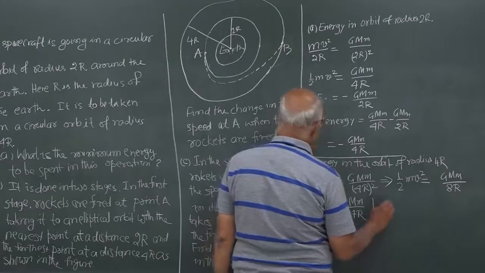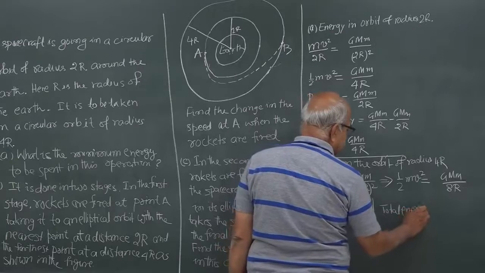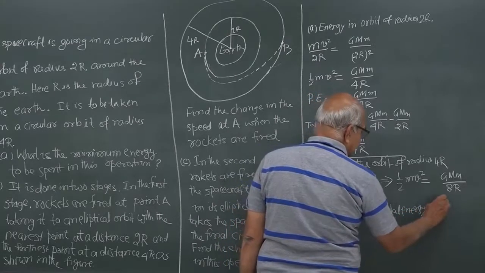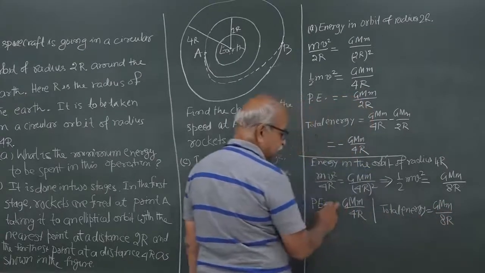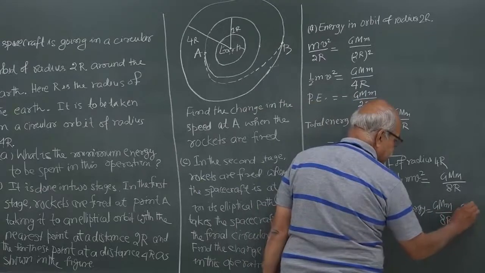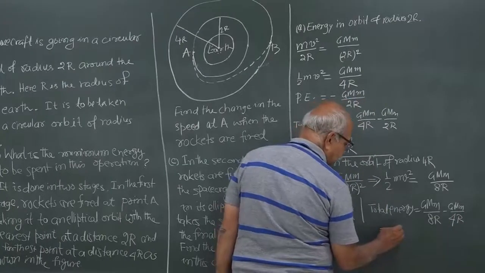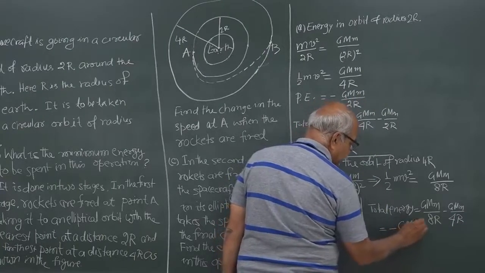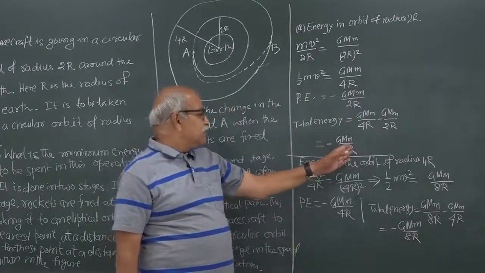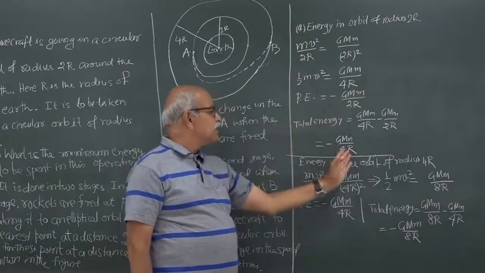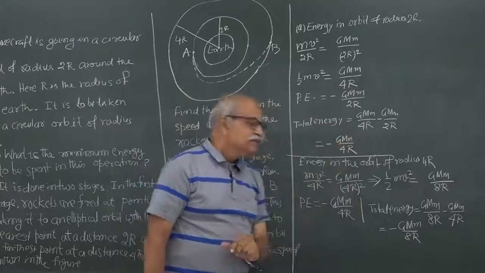So, the total energy in this case is G M m over 8r minus G M m over 4r, which is equal to minus G M m over 8r. Very simple. In fact, in place of 2r you have to write 4r. So, in place of r you have to write 2r. So, it has to be minus G M m by 8r, which is here.